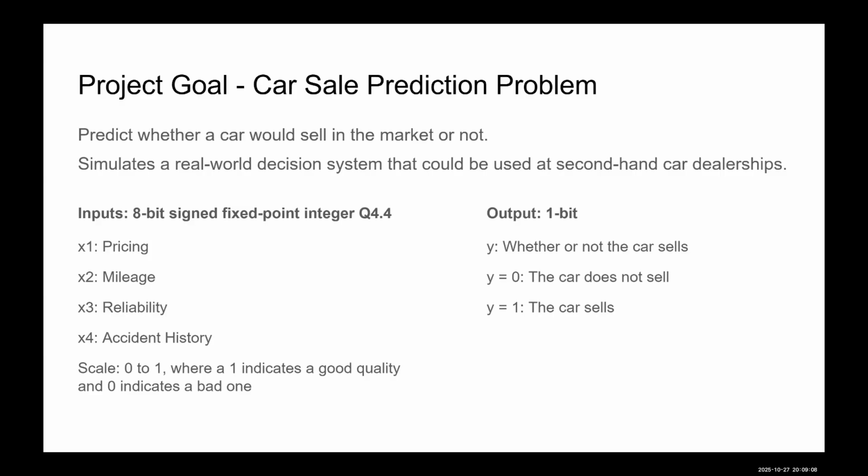Each input is represented as an 8-bit signed fixed point number in Q4.4 format, scaled between 0 and 1, like I said earlier. And the output Y is a single bit representing whether the car sells or not. So Y equals 0 means it does not sell, and Y equals 1 means the car does sell.